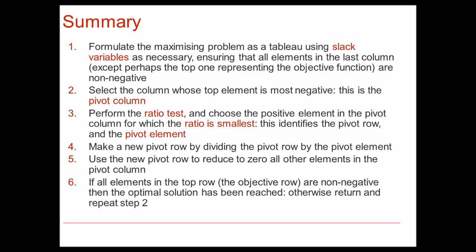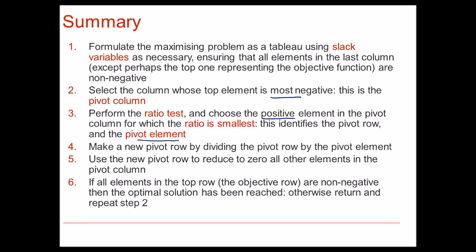So then we select the column whose top element is the most negative. So this is step 1, and it's called the pivot column. Step 2 is to perform the ratio test and choose the positive element in the pivot column for which the ratio is smallest, noting it does have to be positive, and this is then the pivot element.